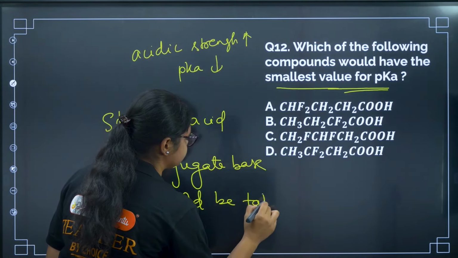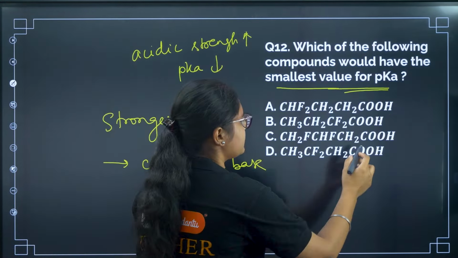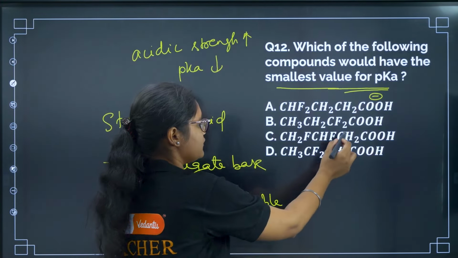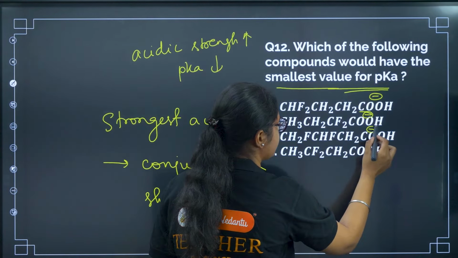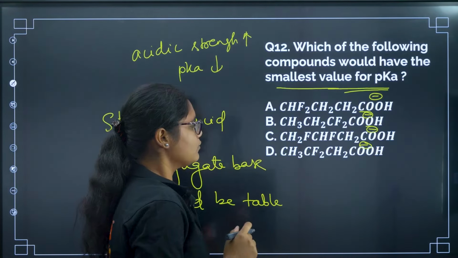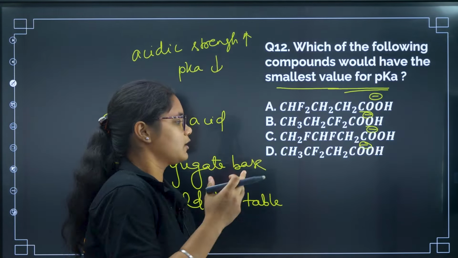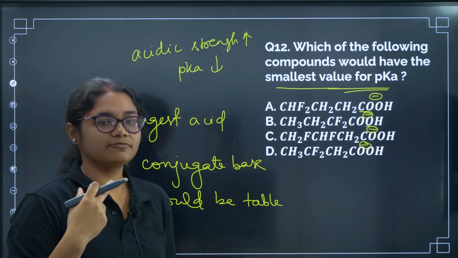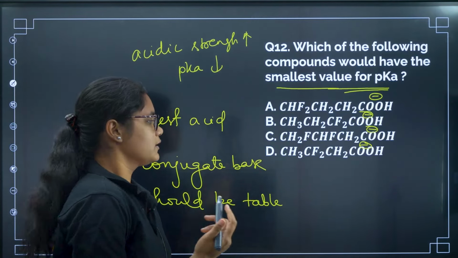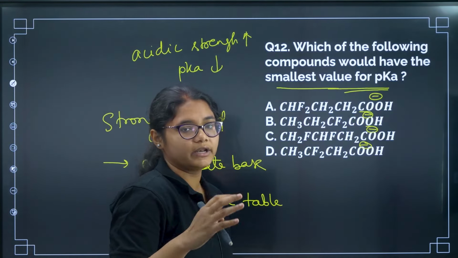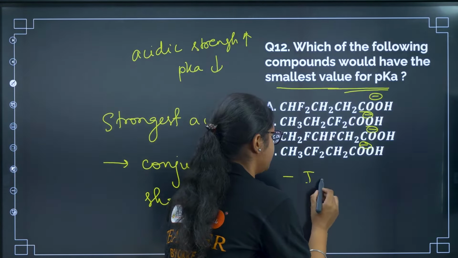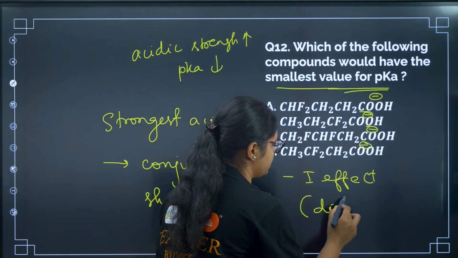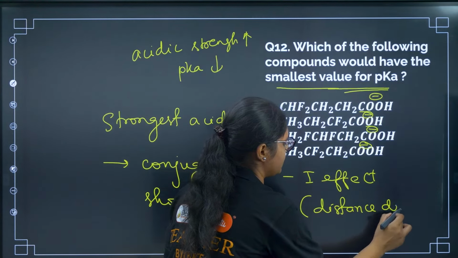Now if you see this part, after H plus is released, we'll get a negative charge here, here and here. What can stabilize this conjugate base? The presence of fluorine, which is an electron withdrawing group, can stabilize it. Fluorine has a minus I effect, which is distance dependent.